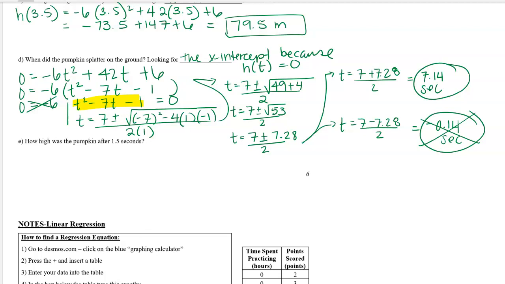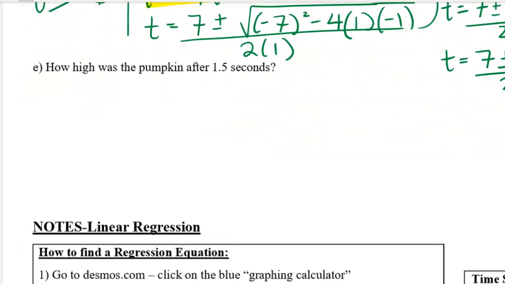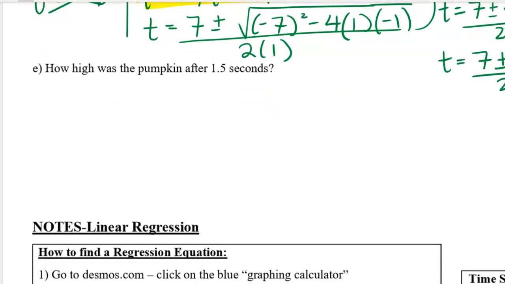How high is the pumpkin after 1.5 seconds? Ooh, how do we find this? How do we find how high a pumpkin is after 1.5 seconds? Find the what value? Not the k, because k represents the vertex.